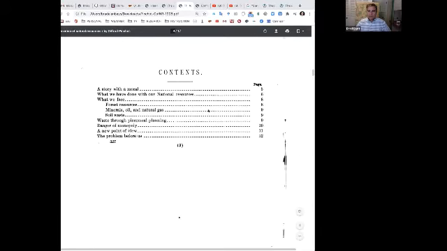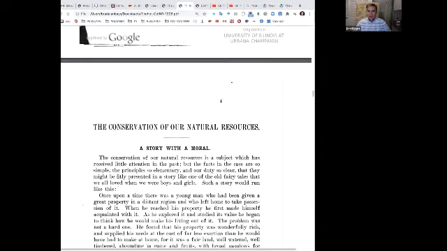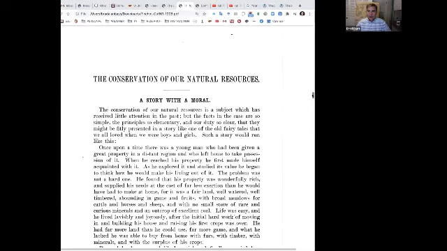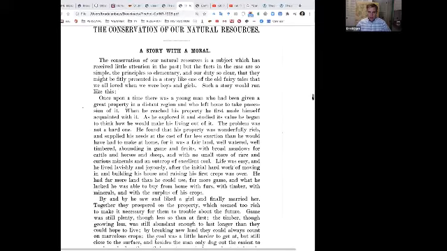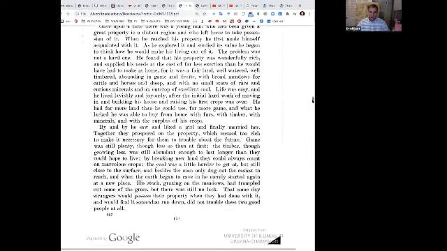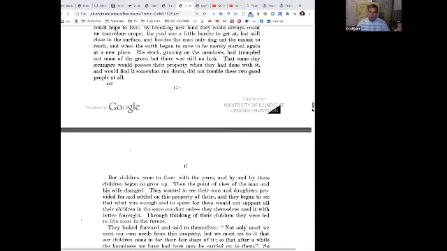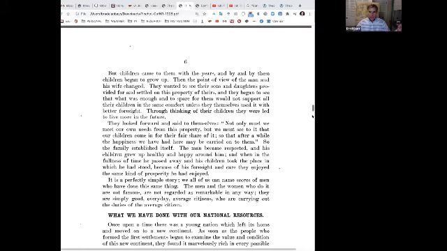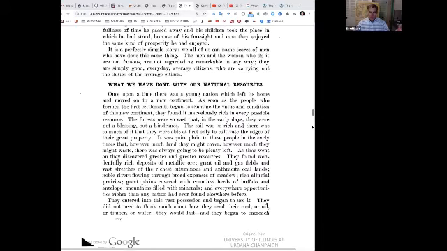Can you see that on your screen? What Gifford Pinchot is doing here is trying to put forth the whole idea and rationale of conserving natural resources and why the United States needs to conserve natural resources.